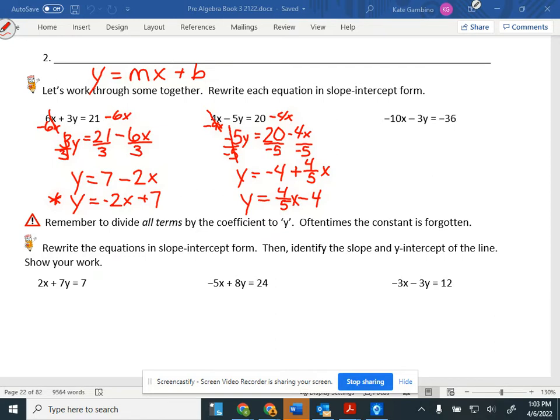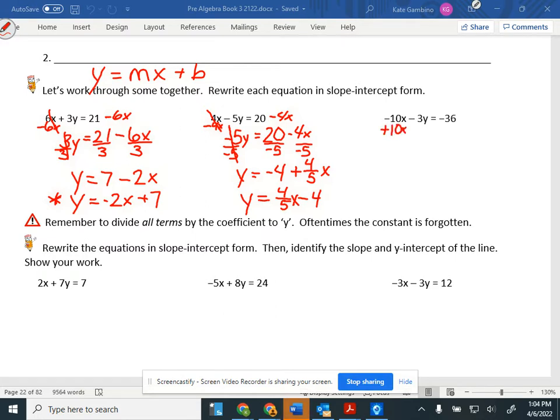All right. Who wants to walk me through what to do with this last one? Chase. So you have to get the negative 10x out, you subtract negative 10x from negative 36. Hold on. Negative 10x. Is that adding or subtracting? If it's a negative, so we would add the 10x.